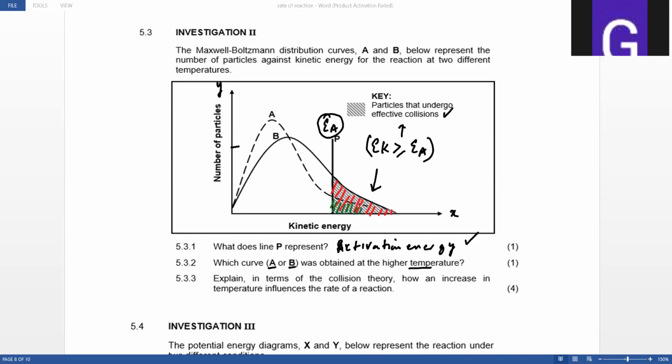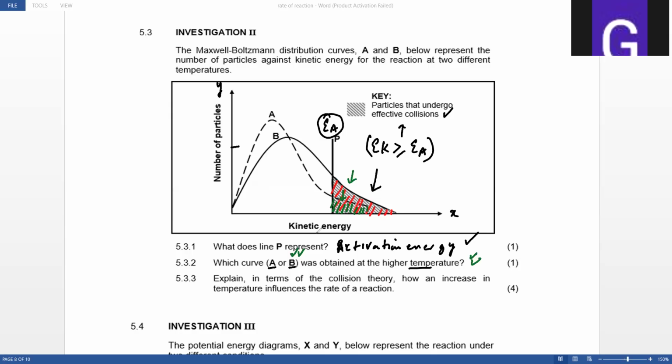So in B, more particles have sufficient kinetic energy, or more particles undergo effective collision than in A. So what is the answer here? The answer is B. B is obtained at higher temperature.